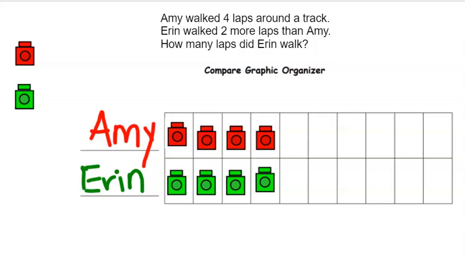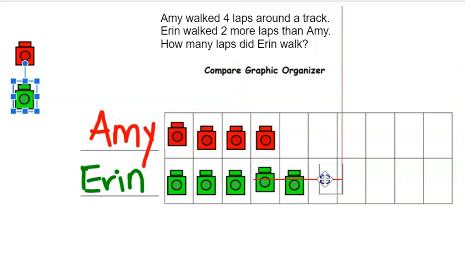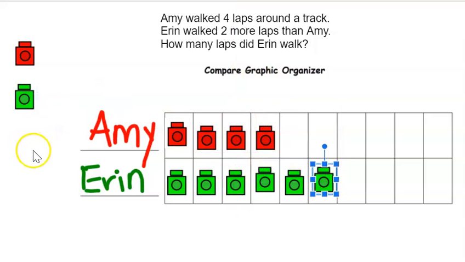But we know that Aaron walked 2 more laps than Amy. So let's give her 2 more laps. Why did we give Aaron 4 and then 2 more?